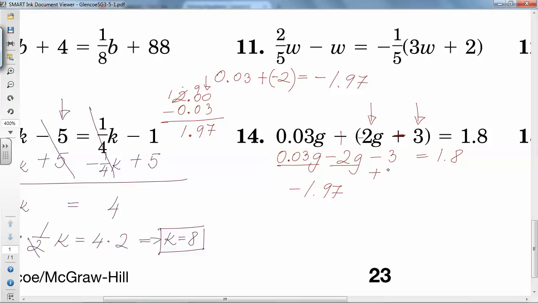And you can also add 3 to both sides to make that negative 3 go away. Excuse me. That's negative 1.97g equals 3 plus 1.8. Be careful when you're adding that 3, right? It would be 4.8.